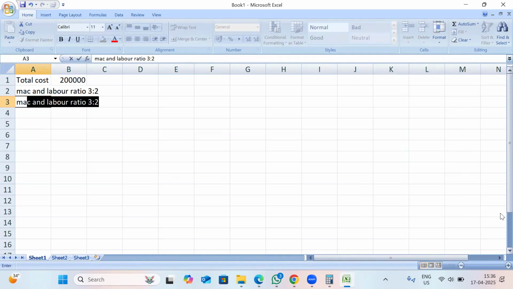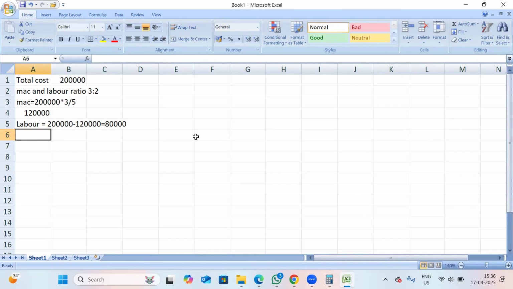For machine related overheads, it is 2 lakhs into 3 by 5, so we get 1,20,000. The remaining will be for labor, that is 2 lakhs minus 1,20,000, so 80,000 will be for labor.